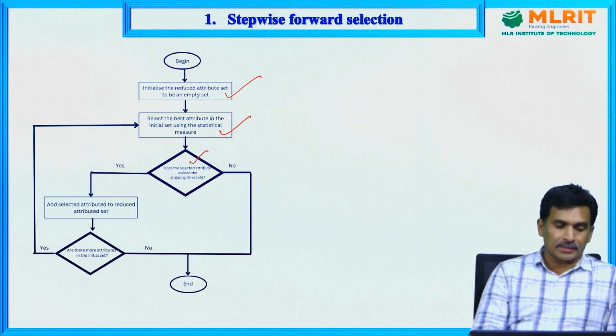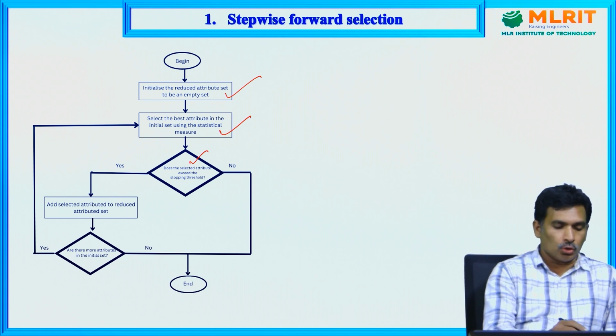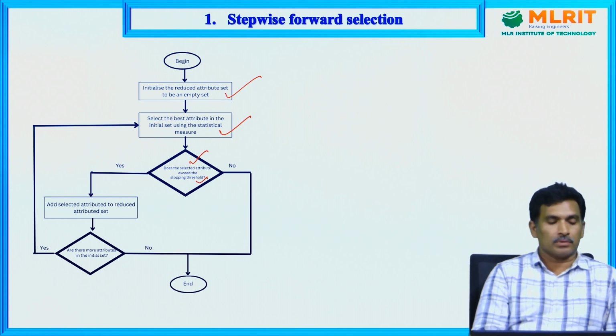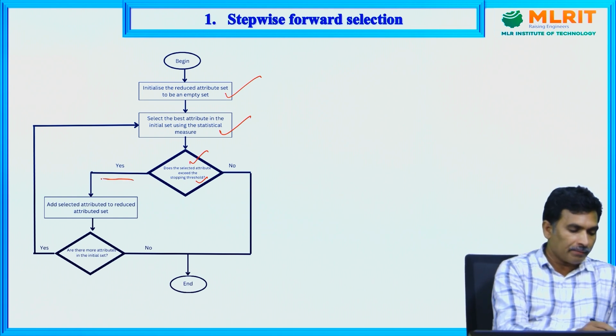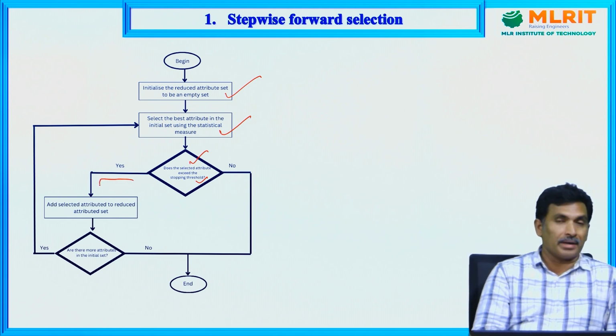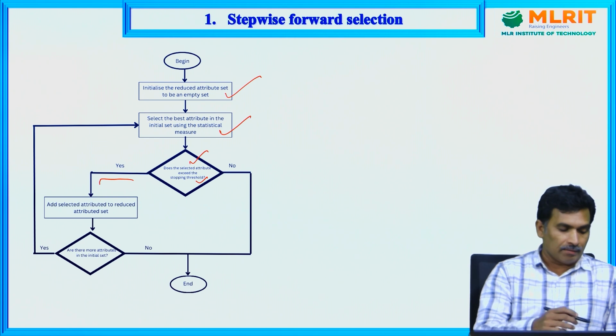So does the selected attribute exceed the stopping threshold or not? We have to check. If it does, then we add the selected attribute to the reduced attribute set. If not, then it will end.